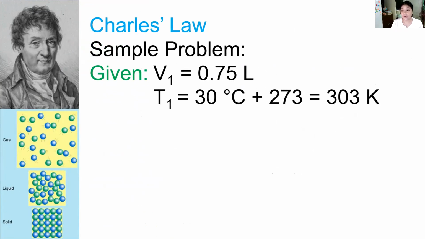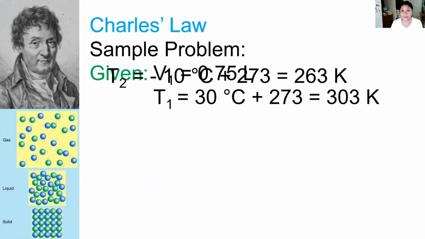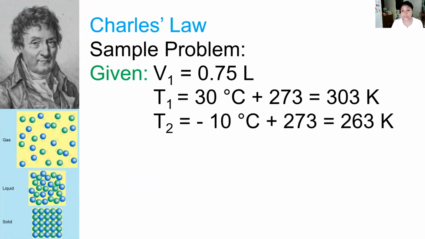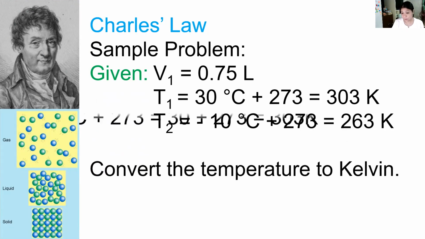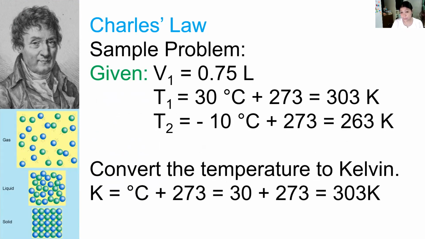We need to convert this to Kelvin by adding 273. It will now become 303 Kelvin. For T sub 2, it is negative 10 degrees Celsius plus 273. The answer is 263 Kelvin. Please don't forget to convert the temperature to Kelvin when solving Charles' law problems.